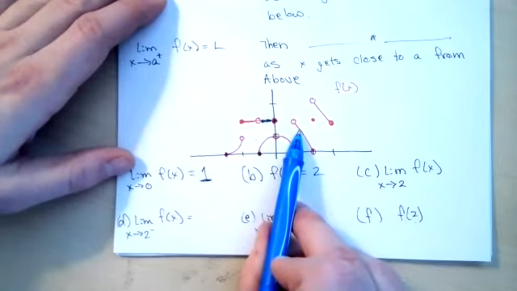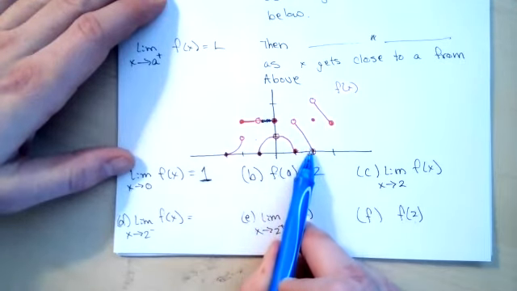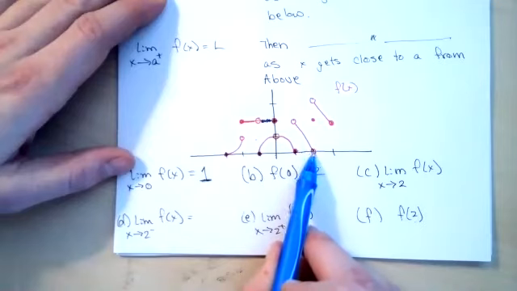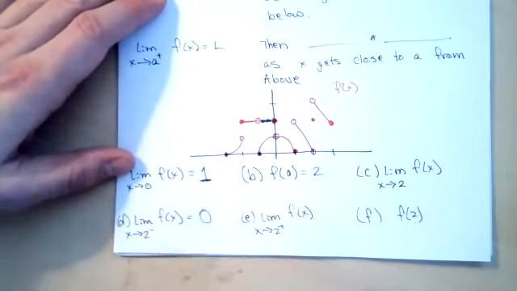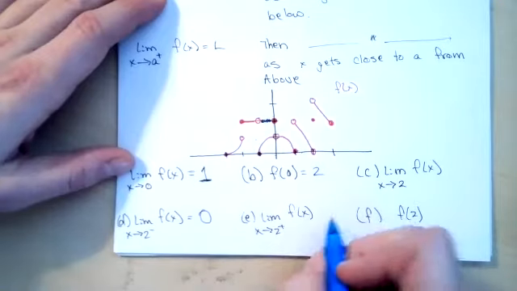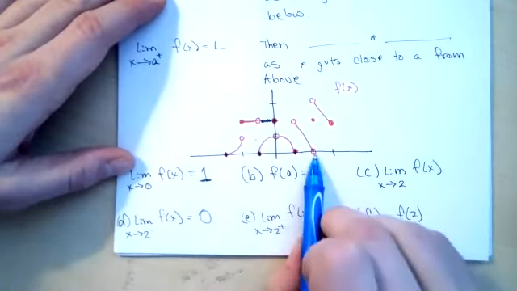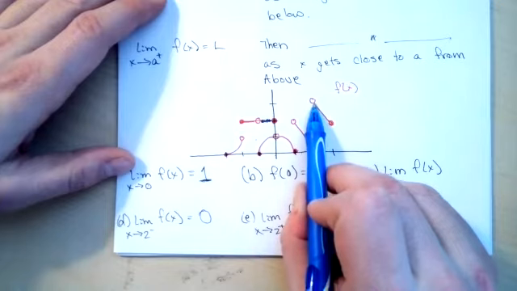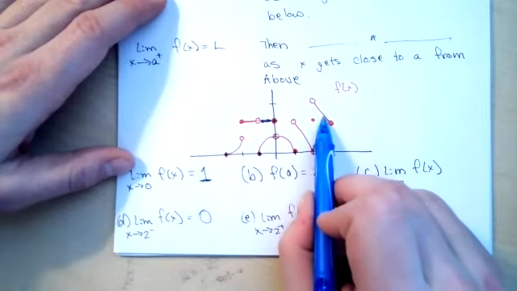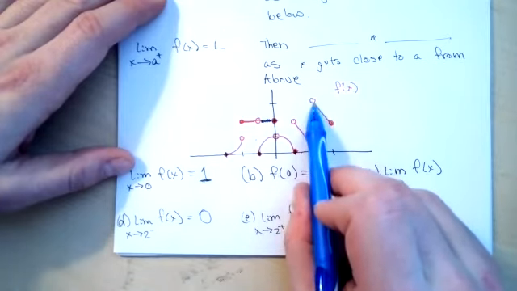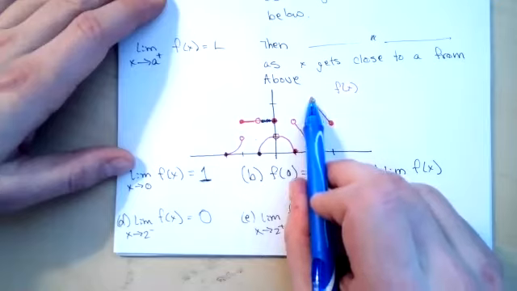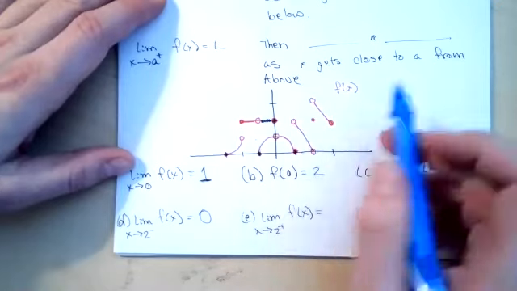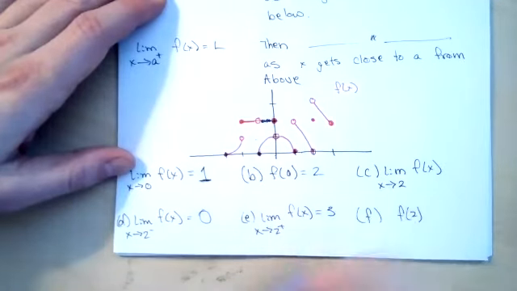So x values less than 2, tracing the curve up to the x values of 2 means we're running right into this dot. So our left-sided limit is 0. The right-sided limit, so now if we pick values slightly bigger than 2 and then shrink our x values to 2, so our x values are decreasing towards 2, slightly bigger, and then the value we're approaching of the function, though, is up there at 3.